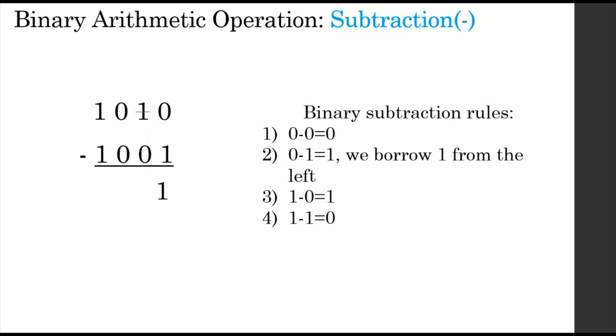So this 1 is brought, then 0 is remaining there, then we put the 1 on the right column. So 0 minus 0 is 0, 0 minus 0 is 0, 1 minus 1 is 0. So you can see the difference between 1010 and 1001.